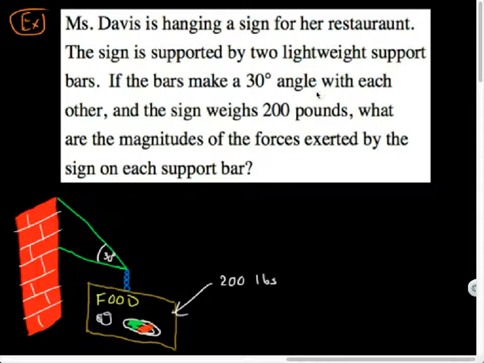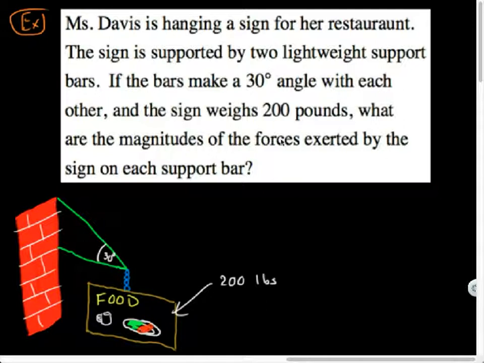It says if the bars make a 30-degree angle with each other, so you could just draw something like that. So I first draw the realistic situation, and then I draw the vectors representing them, okay? And the sign weighs 200 pounds. What are the magnitudes of the forces exerted by the sign on each support bar?